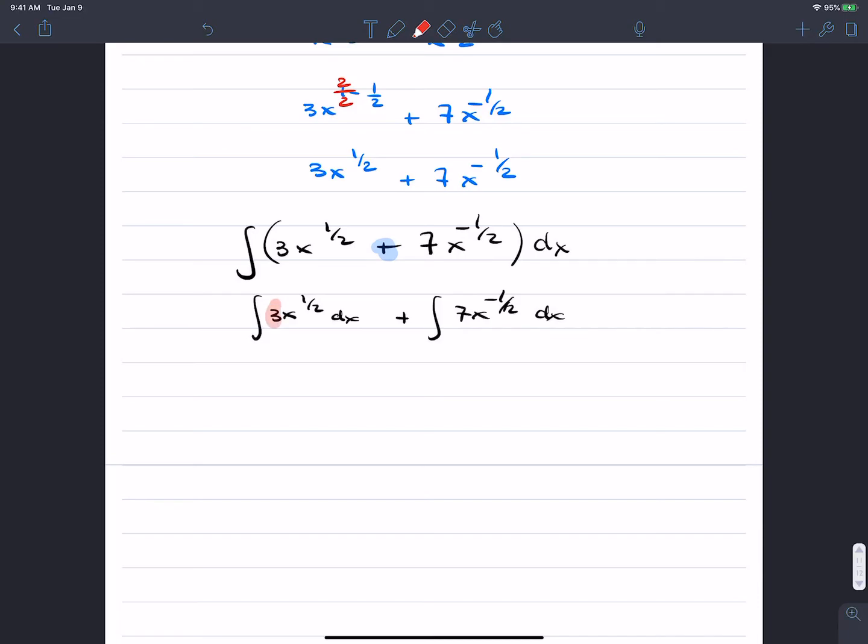Constants here to pull out, a 3 and a 7. 3 x to the 1/2 dx plus 7 x to the minus 1/2 dx. So notice I pulled out my constants. What we're going to use now here is power rule to perform our integration.